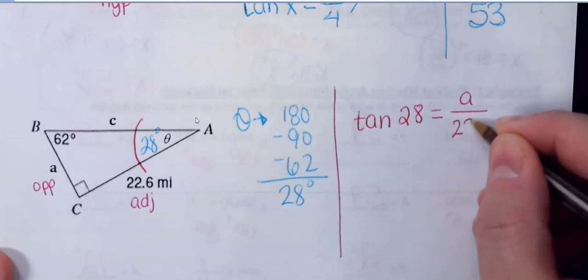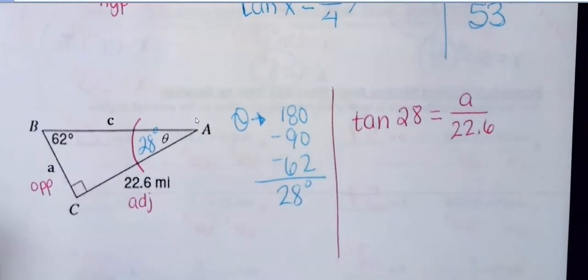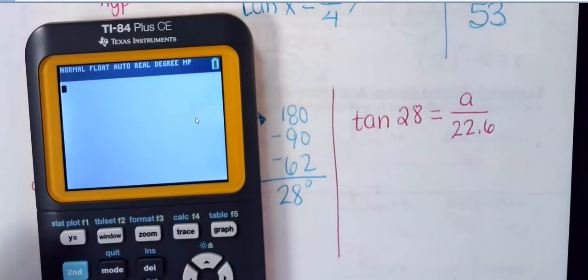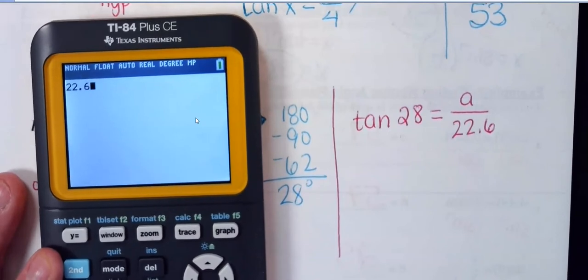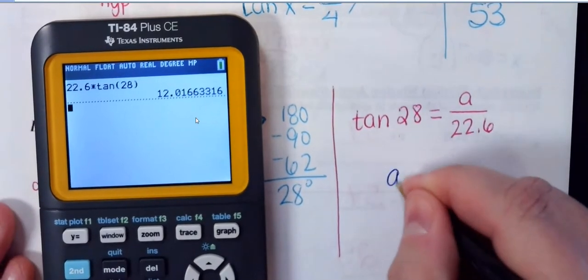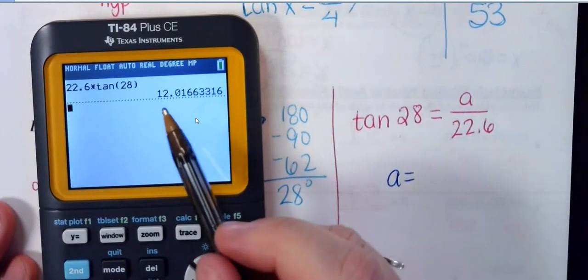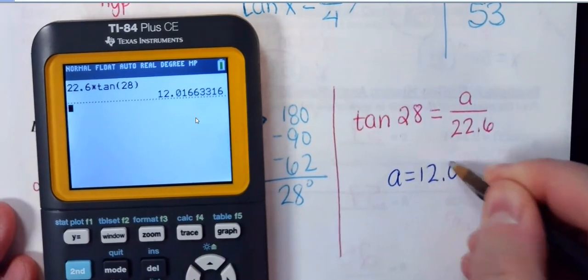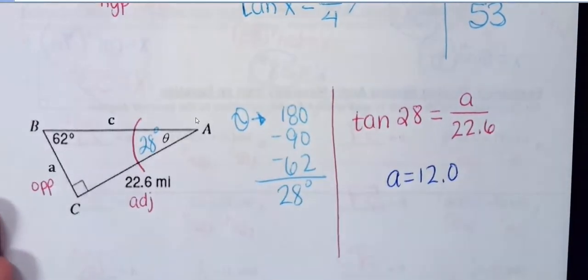Now, all I would have to do real quick there is multiply both sides by 22.6 to get it out of the denominator, times just a plain tangent of 28. I know the angle measure, and so for the missing side, to the nearest tenth, I would round that to 12.